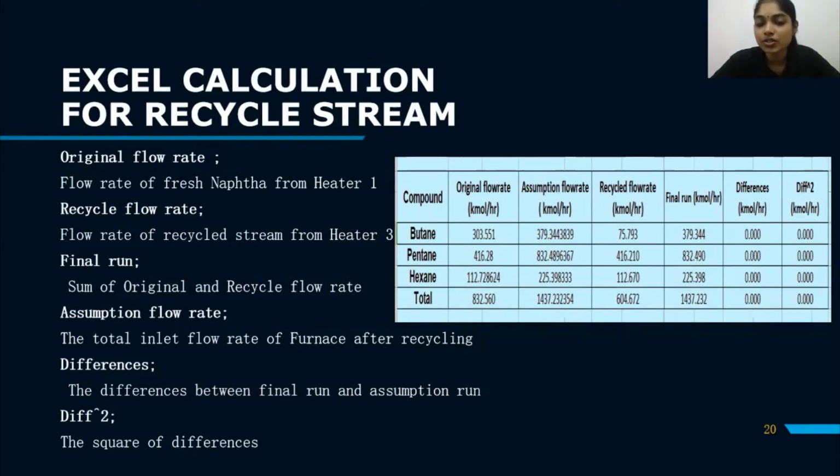This calculation is done using Solver, which is the calculation made in Excel. The total difference square is set to be 0 and the assumption flow rate is calculated. Solver is used to calculate the recycled stream flow rate because Solver will iterate the numbers before it is recycled into the furnace. Hence, the assumption flow rate mentioned here will be the total flow rate of the furnace after recycling has been done.